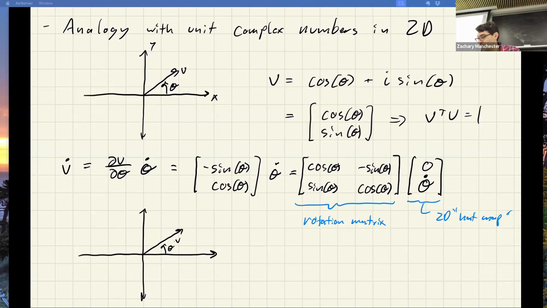Theta dot is defined as the unit y direction. So that's writing it at the identity, which is 0, 1 over here. This is theta dot. And then this is V dot over here.